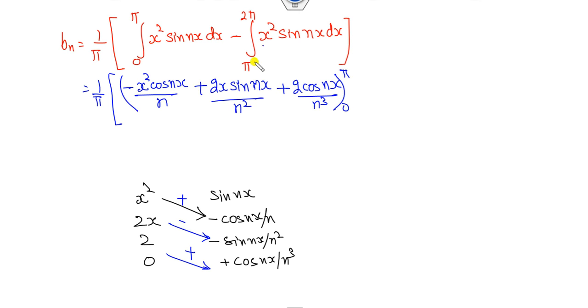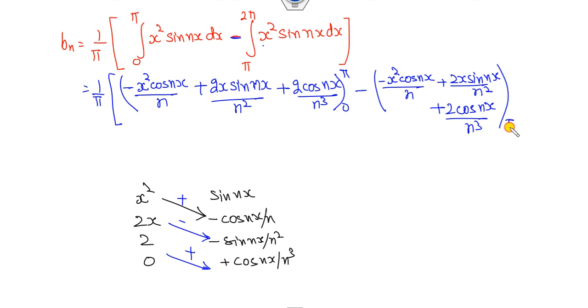These are again the same function here, so here is a negative, so minus the same value: x square cos nx over n, 2x sine nx over n square, and plus cos nx over n cube. This limit is from pi to 2 pi.